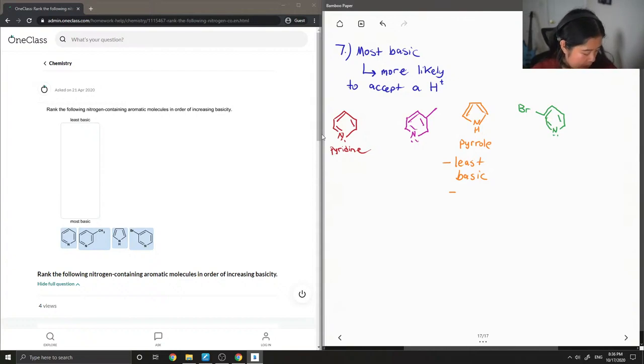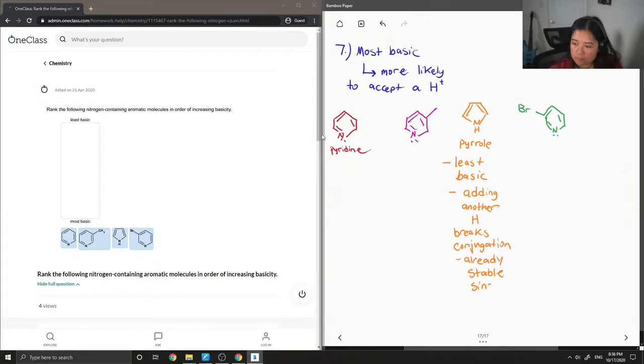I'm just going to write that down. So I wrote that adding another hydrogen breaks the conjugation of the ring, so it's already stable since it's aromatic.